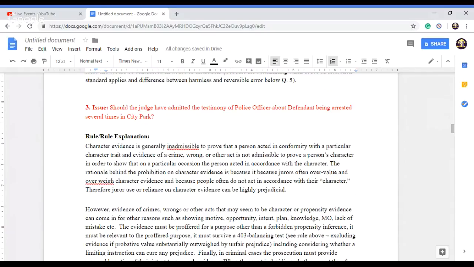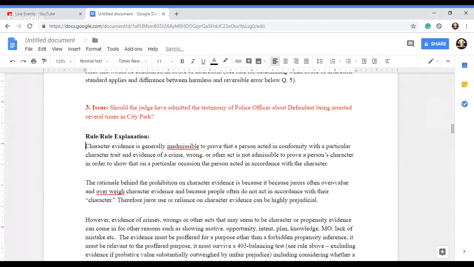Now, we can read the issue, but to the judge, I have admitted testimony of the police officer and defendant about being arrested several times in Central Park. Okay, so this is about character evidence. So first, we talk about character evidence is generally inadmissible to prove. And so this is the rule for character evidence, in particular with wrongs, and so on. We go to the end of the sentence. So I'm just taking that out because I'm reading this.